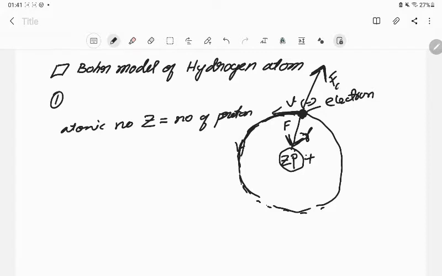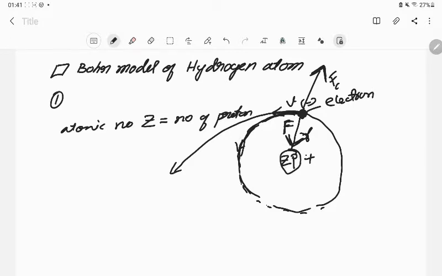If centripetal force is more than this electrostatic force, then the electron will move like this, right? And if centripetal force is less than this electrostatic force, then the electron will move like this and it will collapse into the nucleus, but it does not happen, right?